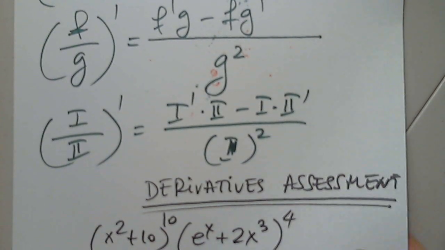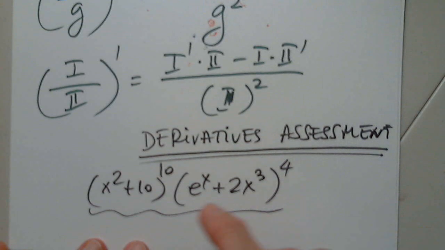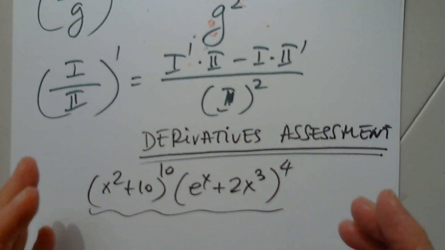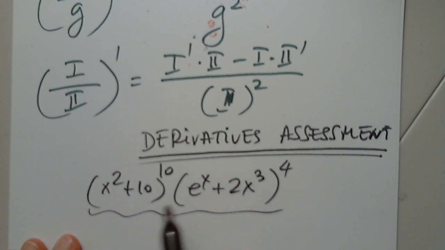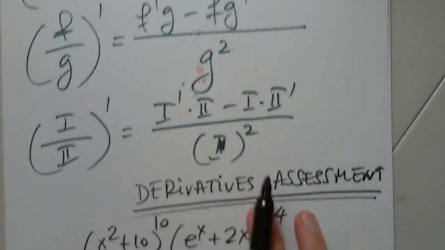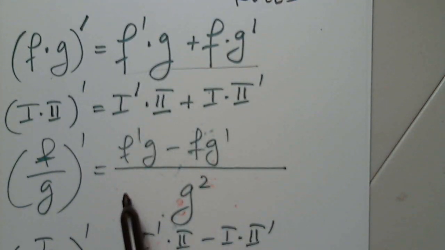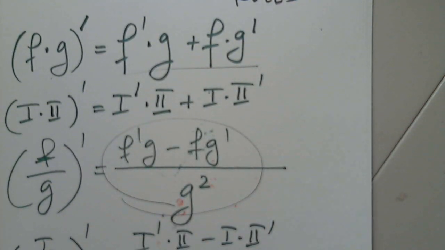So I agree with you. But I will never raise this to the 10th power and raise this to the 4th power and then distribute. It will take me an hour to do that. So this is what we are getting ready for, but we're not there yet. Okay? So that's why we need to practice the product rule and we need to practice the quotient rule.